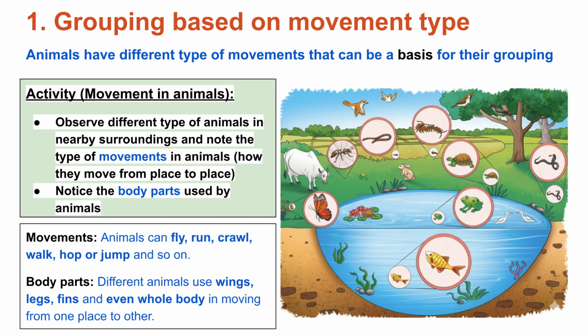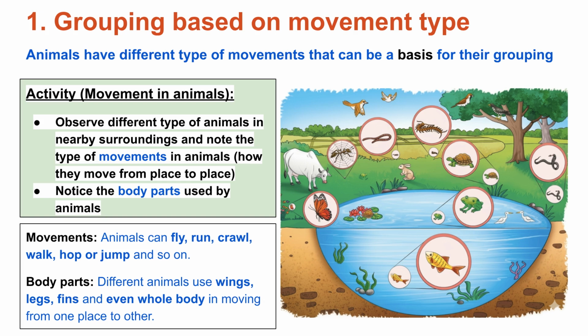So we can observe different types of animals in our surroundings and observe how these animals move from one place to another and which body part is used by these animals when they move.